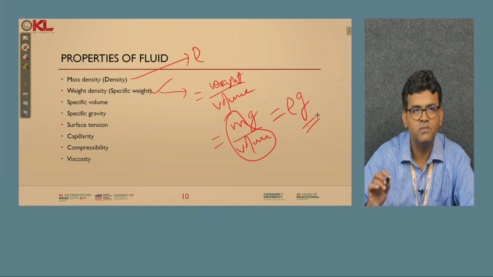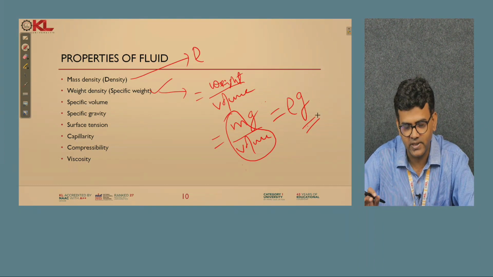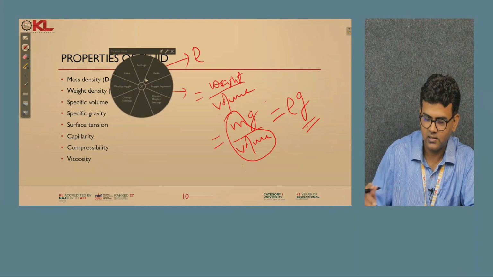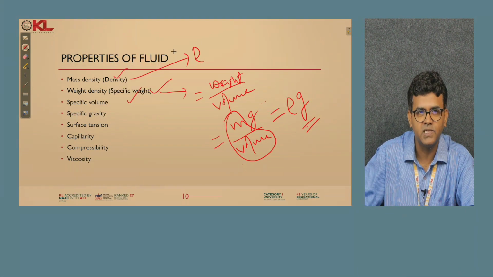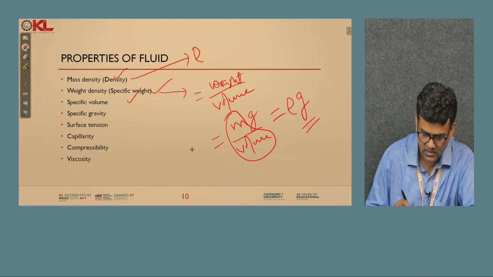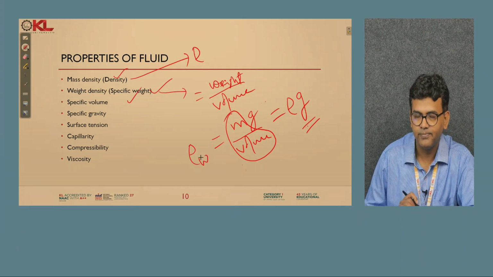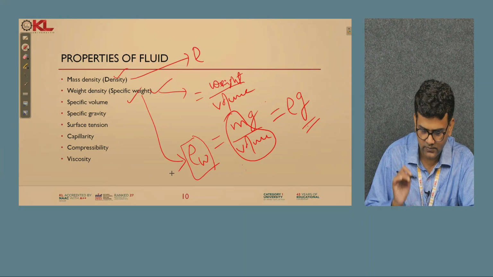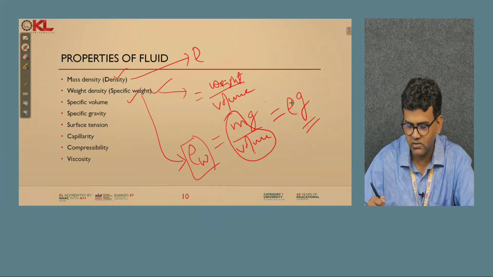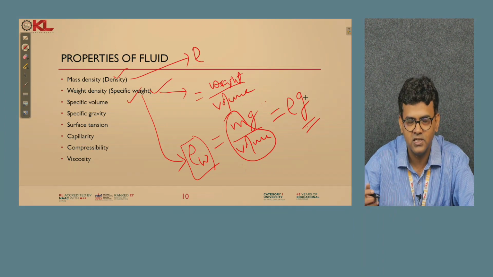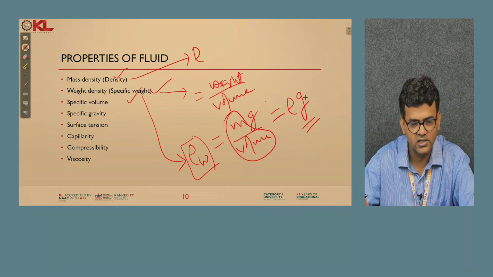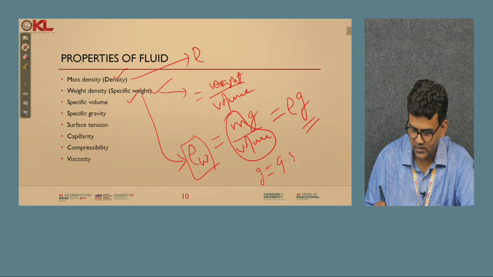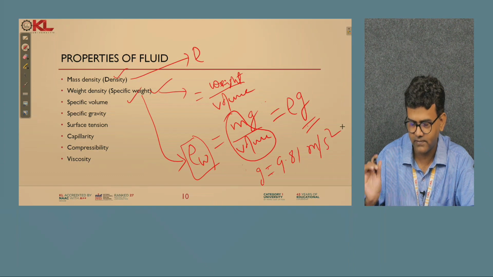So rho into g gives you the weight density or specific weight. This is the relationship between the density and specific weight. If the specific weight is defined as gamma w, the symbol I am using here for the specific weight, then specific weight is equal to density into g. g is the acceleration due to gravity, the standard SI value, which is 9.81 meter per second square.